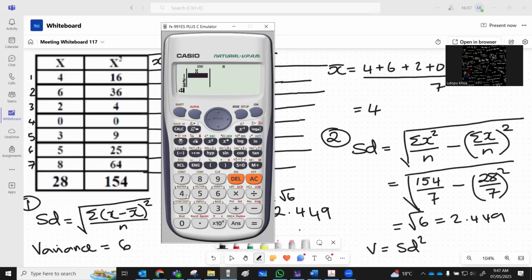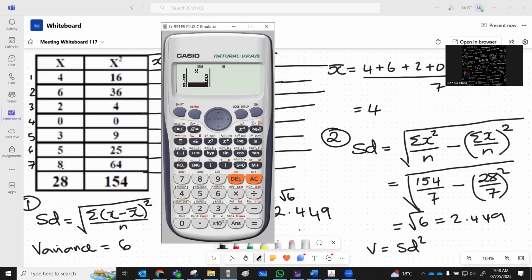Then these x values, we're going to input them one at a time. So we say 4 equals 6 equals 2 equals 0 equals 3 equals 5 equals, and the last one is 9.